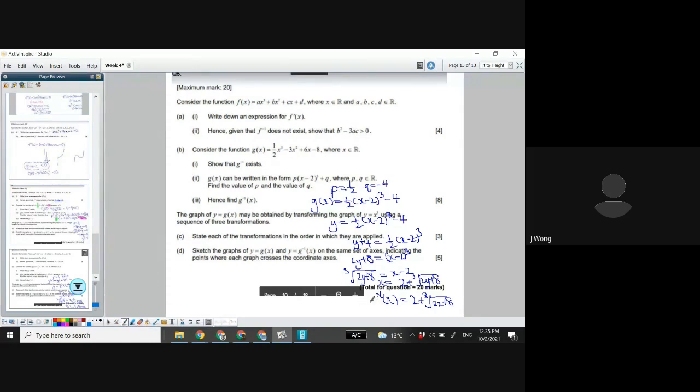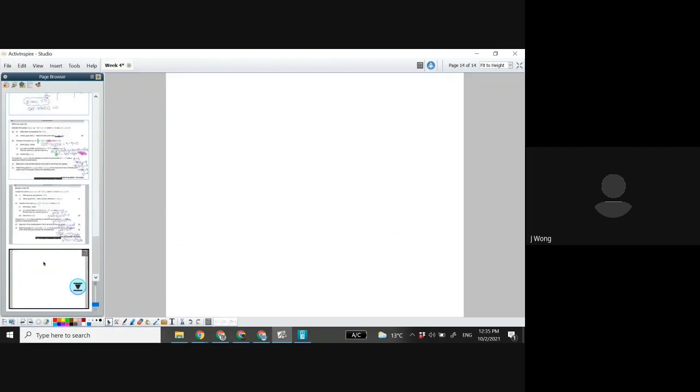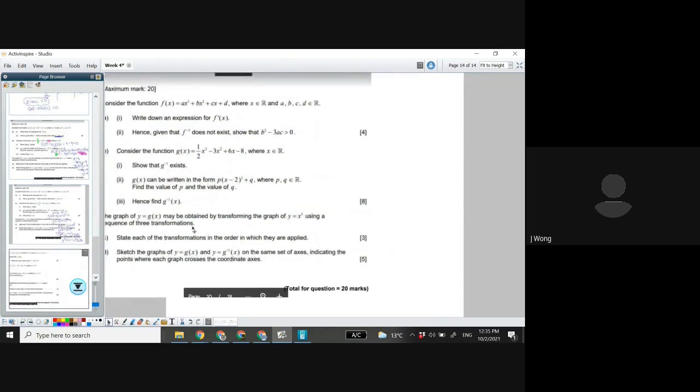Now, finally, part C, they ask us to describe the transformation that we apply to go from f to g. Okay, so we could just describe it step by step. That will be a multi-step transformation.